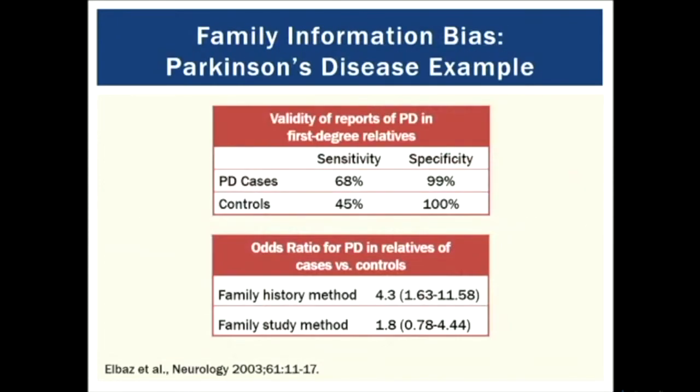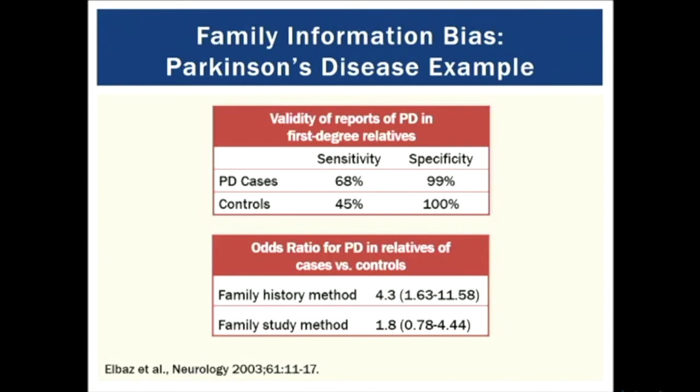And here's another example, a study of Parkinson's disease where they evaluated the validity of the reported family history and found sensitivity was higher in the cases than in the controls. And just as I showed you before, a very small difference in specificity, but nonetheless, the cases also had lower specificity than did the controls.